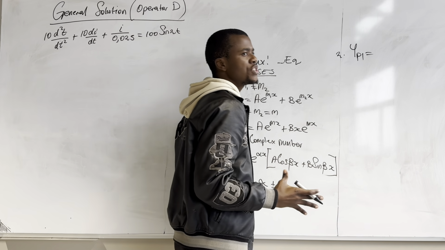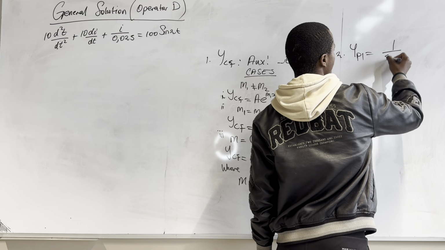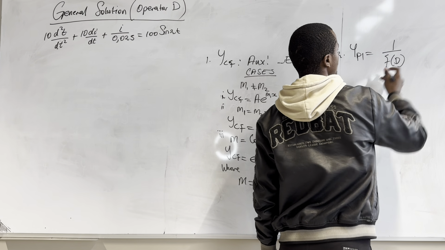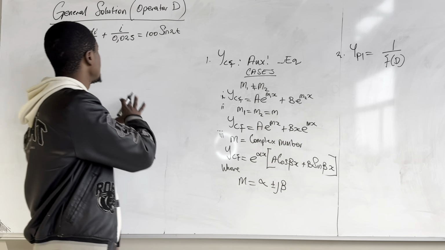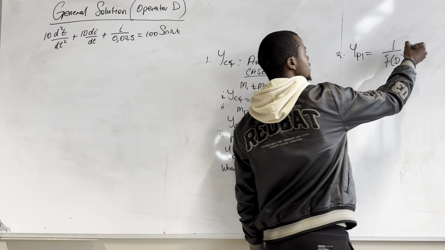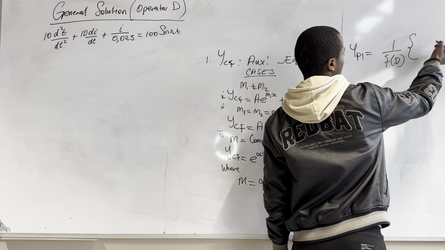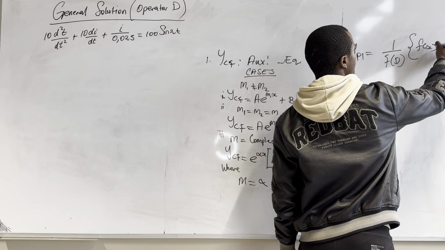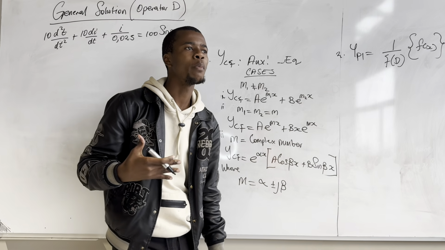A particular function is always 1 over a function of D. So I'm going to show you how to find this function of D from here. I'll just simply use f(x), which is the function, so it's any function that you might be given.